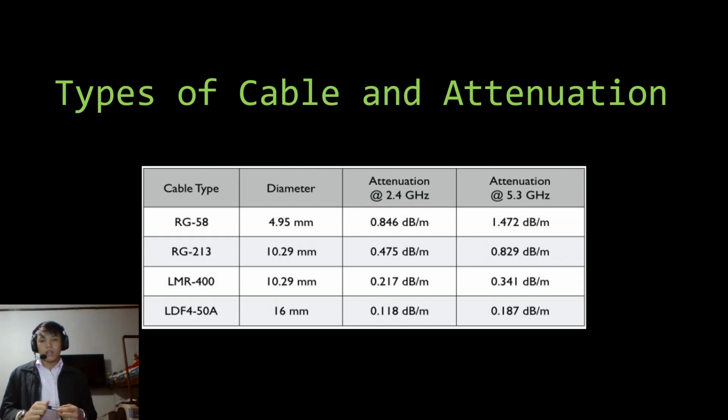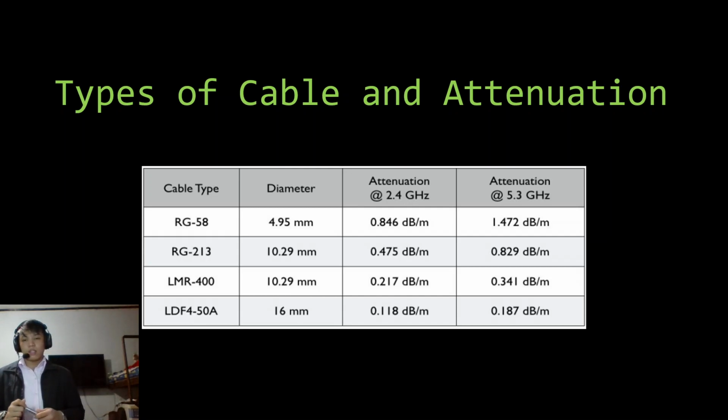RG58, the diameter of RG58 is 4.95 millimeters, and the attenuation at 2.4 gigahertz is 0.846 decibels per meter, and the attenuation at 5.3 gigahertz is 1.472 decibels per meter.